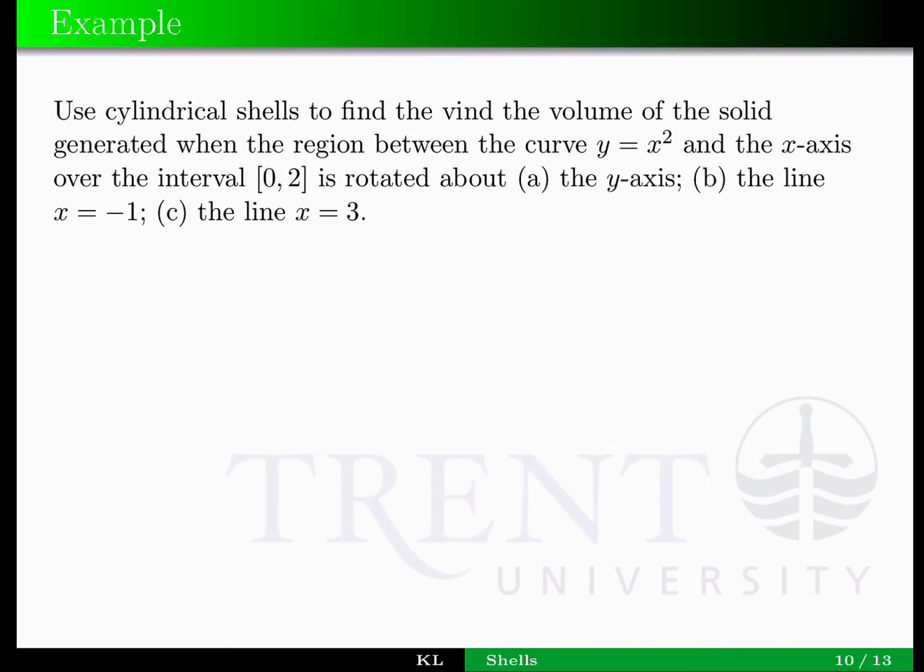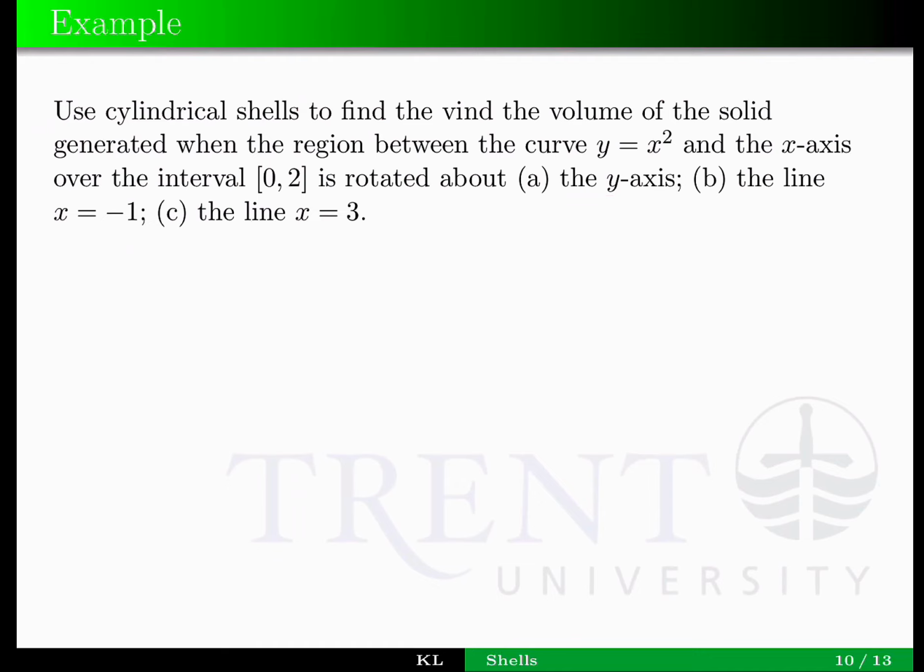Okay, let us have another example here. Use cylindrical shells to find the volume of the solid generated when the region between the curve y equals x squared and the x-axis over the interval 0, 2 is rotated about the y-axis, line x equals -1 and line x equals 3.